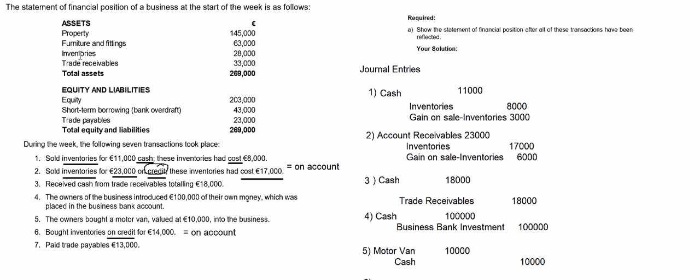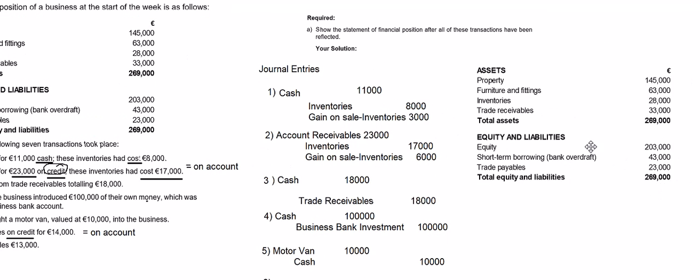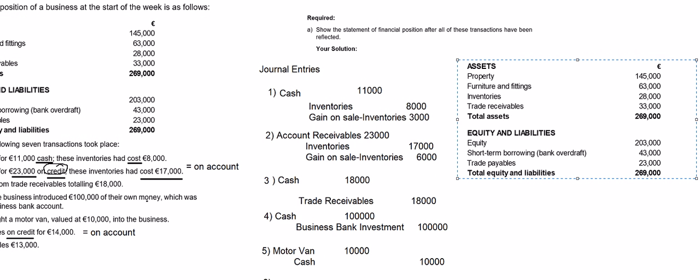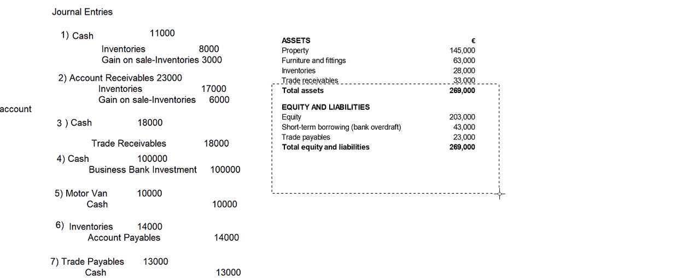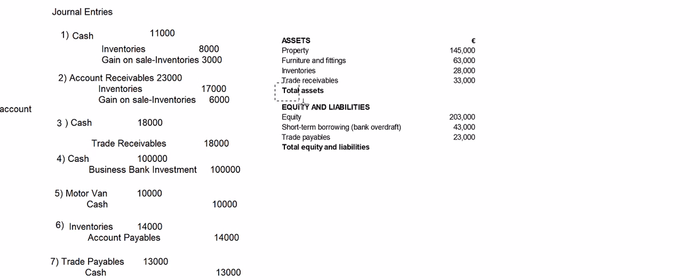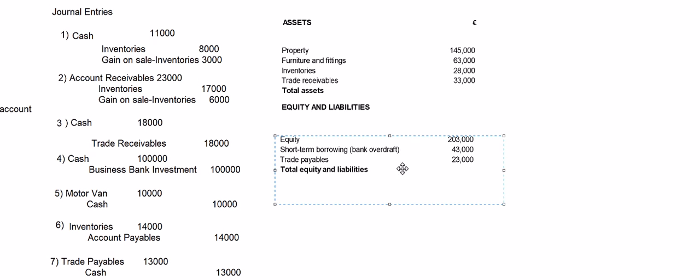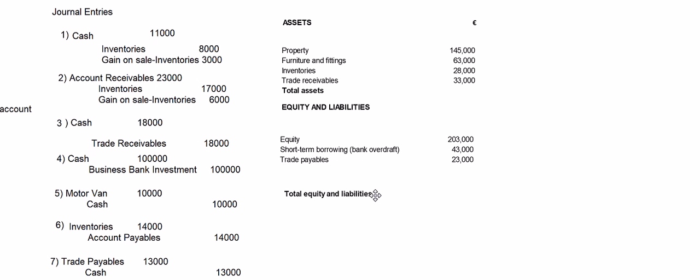And now we need to create the statement of financial position. So we need to change this number and this number. So about assets, and this one, they will have more new items in here. So about this one, we have cash.